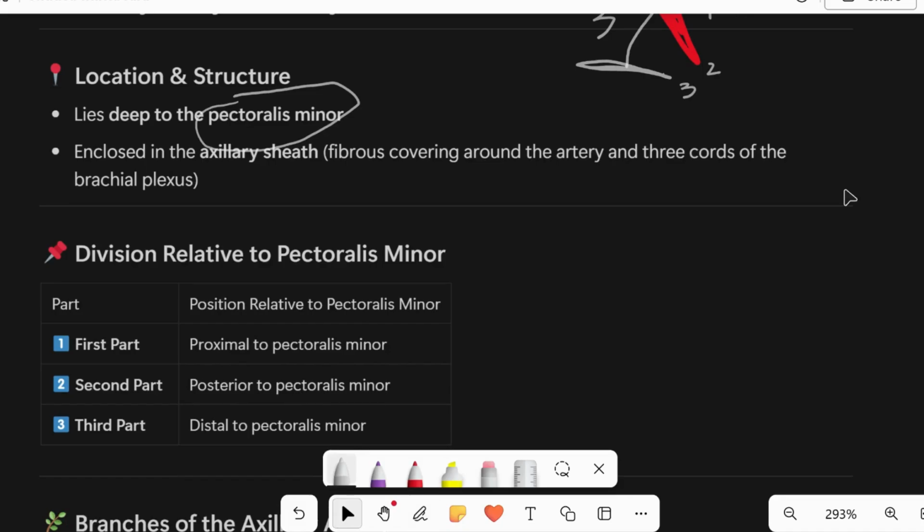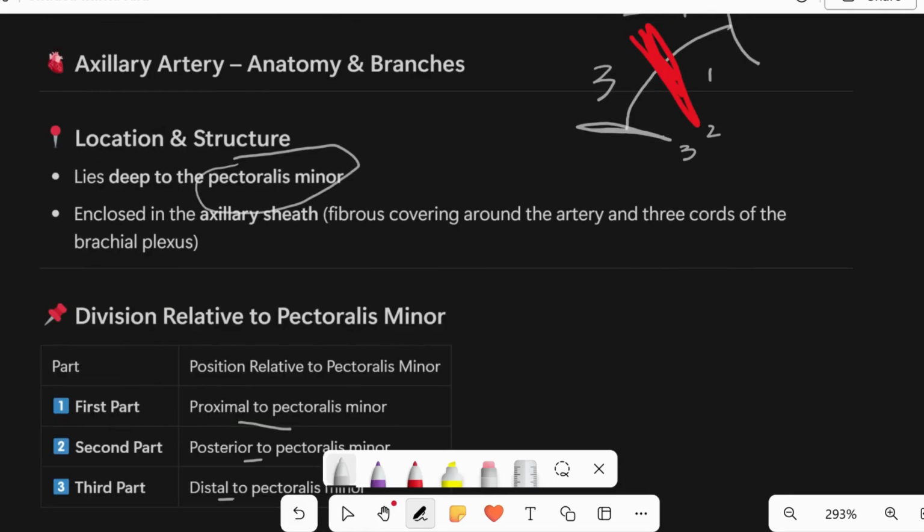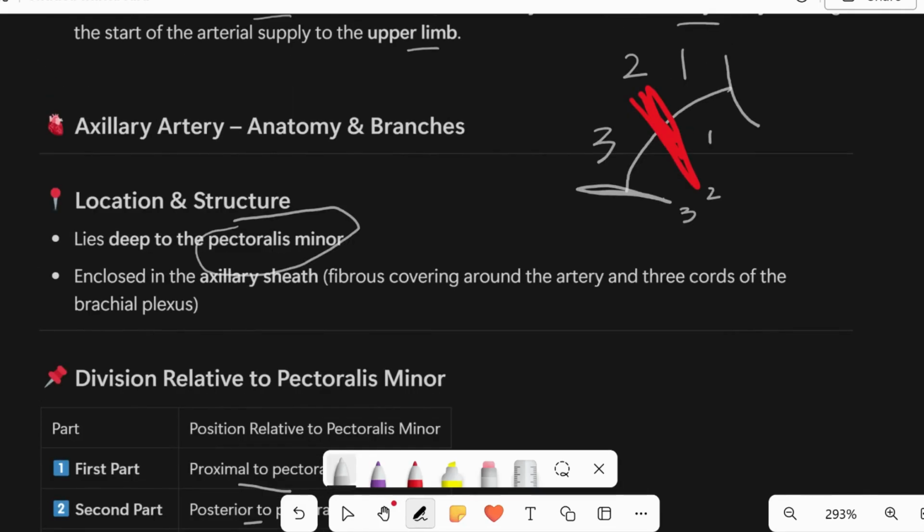So the first part will be proximal to the pectoralis minor, the second part will be posterior to pectoralis minor, and the third part will be distal. Now there is an important concept that along with the axillary artery, there are three cords of the brachial plexus. One is present laterally, one is present medially, and the third one is present posteriorly.